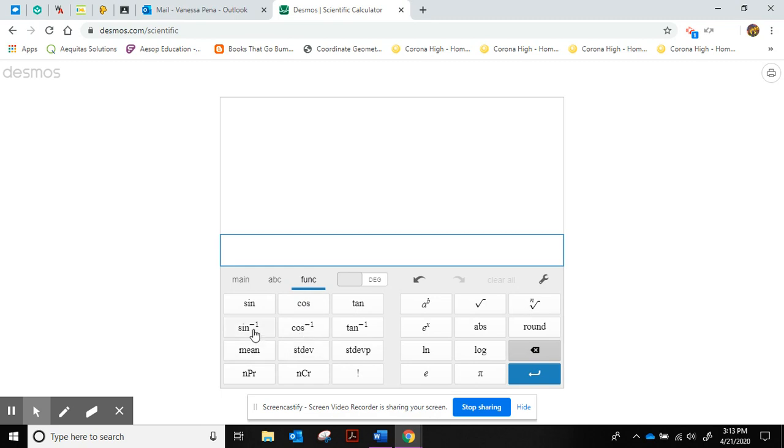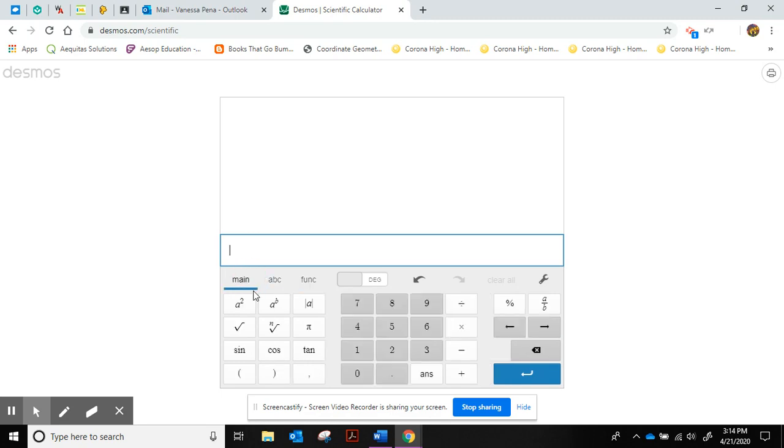And you'll find those new buttons, sine inverse, cosine inverse, tangent inverse. But again, we'll wait for those for a later date. For right now, you're just concentrating on just finding the sine, cosine, and tangent of just angles that are given on IXL.